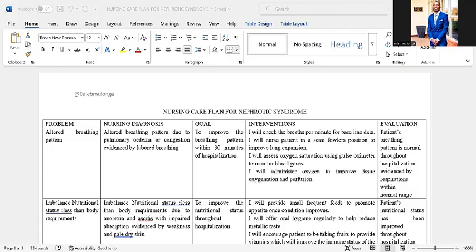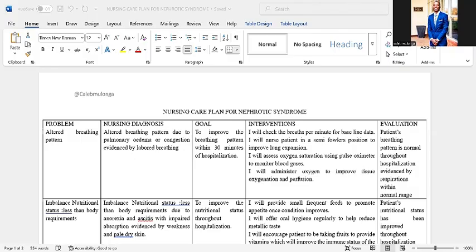One of the signs and symptoms in this condition is edema, and that edema can lead to pulmonary edema. And as we all know, when there is pulmonary edema, there will be difficulties in breathing. That is where the altered breathing pattern is coming from.